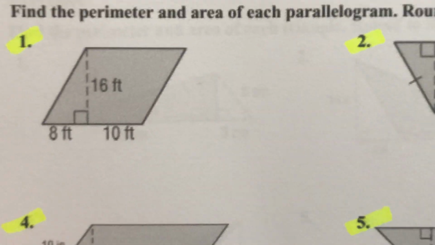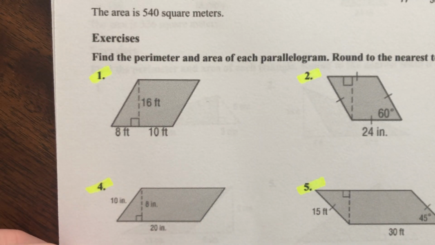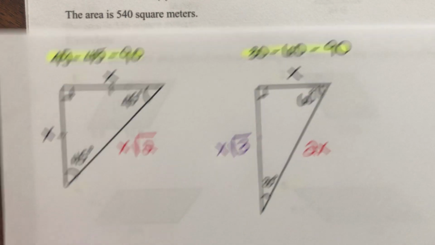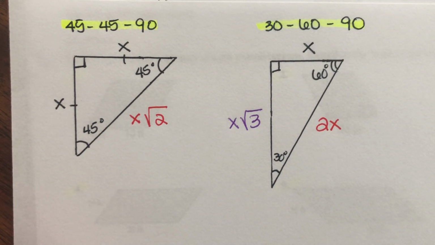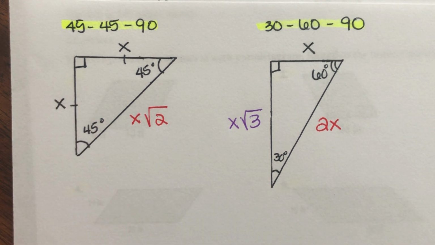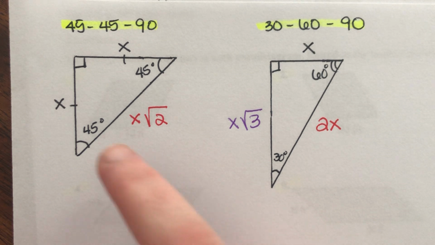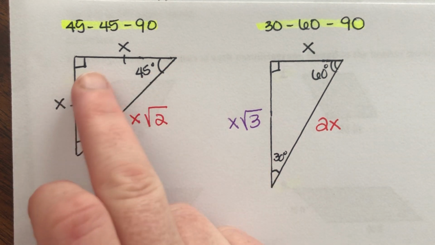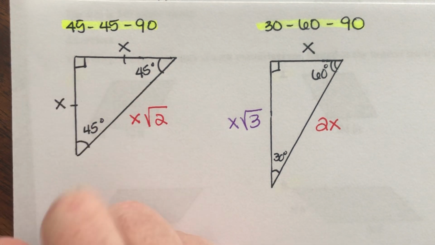So let's do a couple examples. Before I get into that, actually, because I looked at these ahead of time, I want to review with you really quickly the two special case right triangles and finding the length of their sides. So remember when we talked about 45-45-90 triangles, where we have a right triangle, and one angle is 90 degrees, which makes it right.